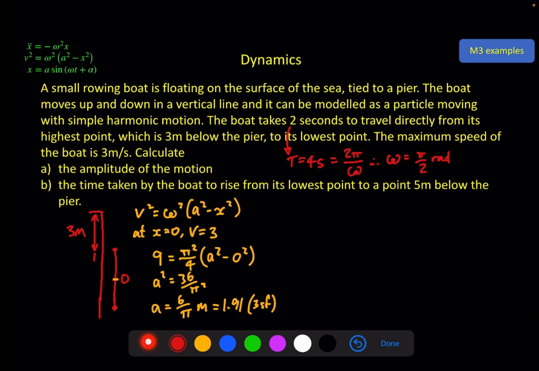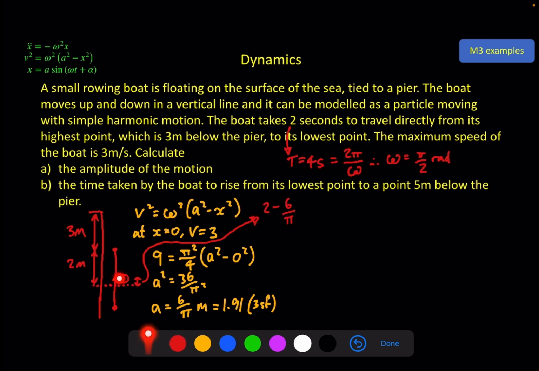So we've got another 2 meters here to give us a total of 5 meters below the pier, and that is just this side of O. And that tiny distance there is 2 minus the amplitude 1.91, or what will be more helpful, I think, is to keep this as a nice exact amount. This little distance here is 2 minus 6 by pi.